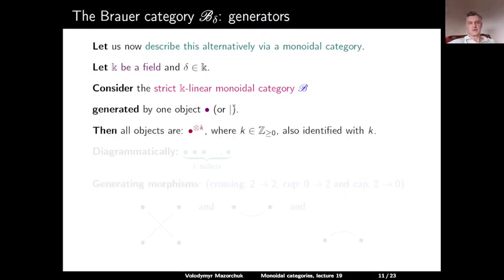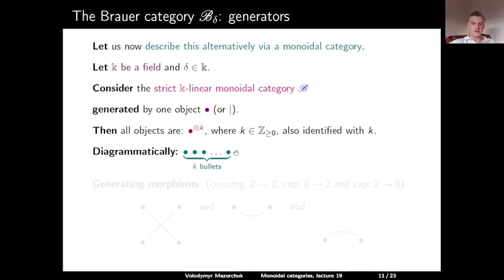Since this is one generating object, all other objects are tensor powers of this object. So we have the objects bullet to the tensor power k, where k is a non-negative integer, and we diagrammatically write them as k bullets placed on one horizontal line. In particular, if k is equal to 0, we have nothing. So the identity object is given by nothing.